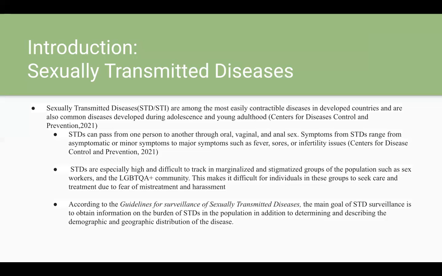Like I said, symptoms can range anywhere from asymptomatic or very minor symptoms that someone may not notice, to major symptoms such as fevers, sores, infertility issues. So there's a wide range of what you can deal with when it comes to sexually transmitted diseases.